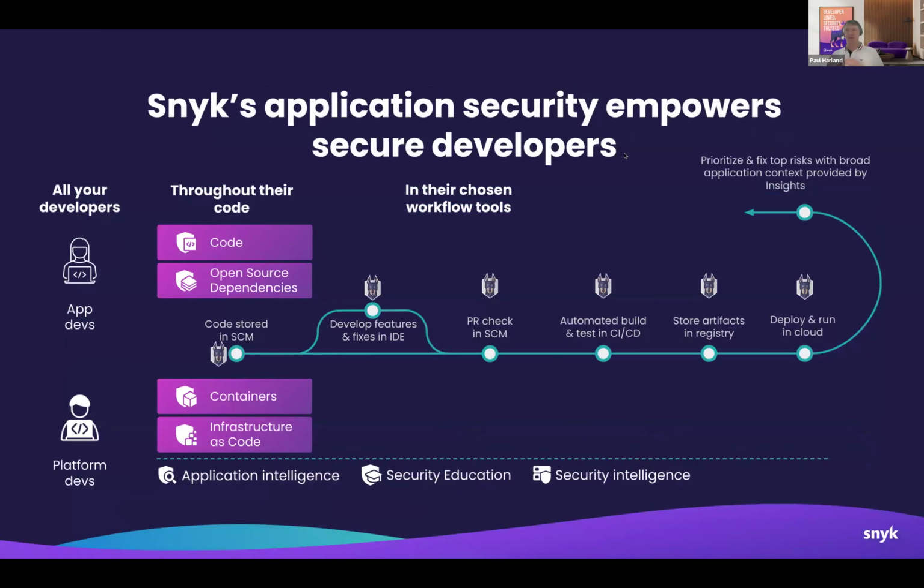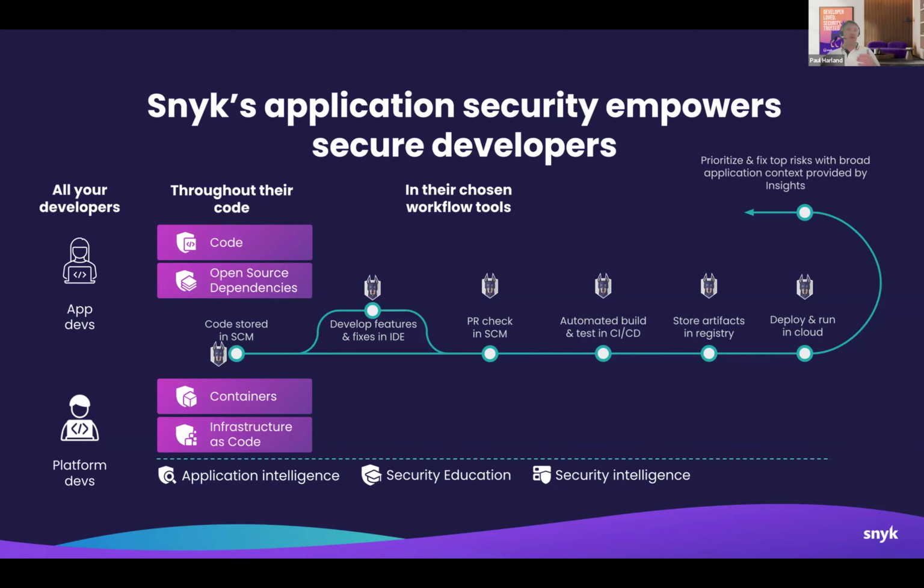Let's just look, for instance, at a developer's workflow, as we've got stylized on this screen. A developer comes into work and they have their legacy code or existing code stored on an SCM tool. Snyk can scan the code, the open source, the containers, and the infrastructure as code. They then check that out to their local machine.